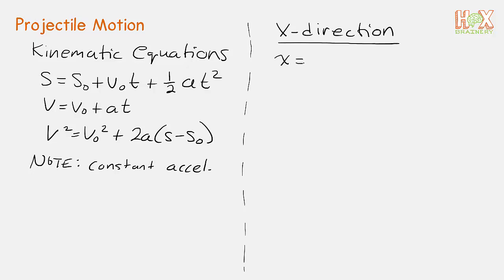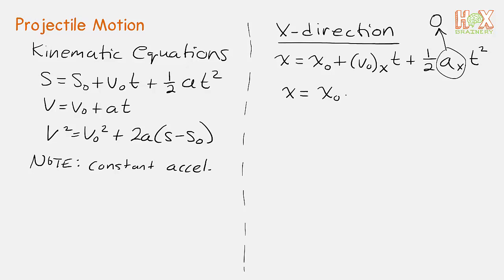So the final x value is going to be equal to the initial x value plus the initial velocity in the x direction times t plus 1/2 a sub x, acceleration in the x direction, times t squared. But we already mentioned that this here is going to be equal to 0. So this is going to simplify to just x equals x naught plus v naught x times t.